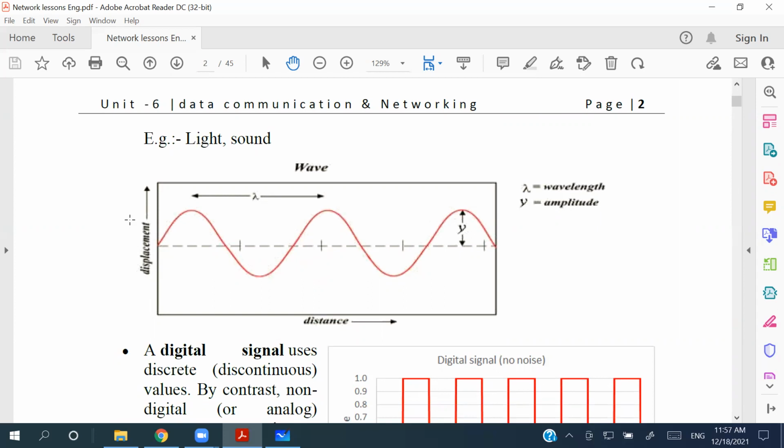So remember, analog signals are generated from things like light, sound, right? Kind of things, right? So its nature is that it's a continuous signal, and the values of the signal are continuously changing along the time. And we generally say this is a sine wave, right?